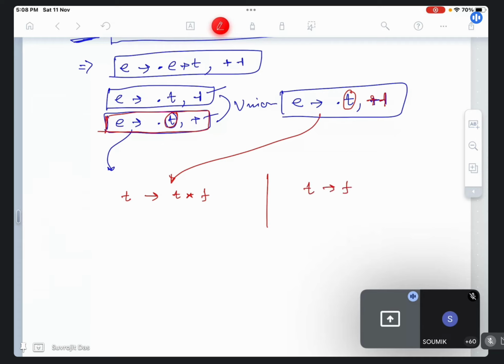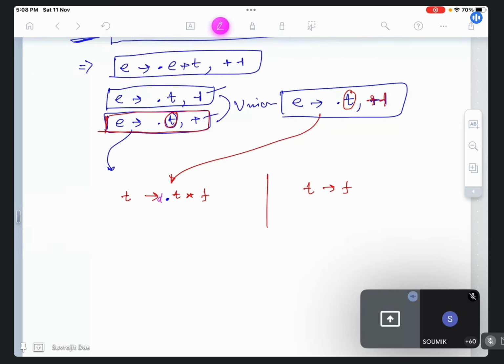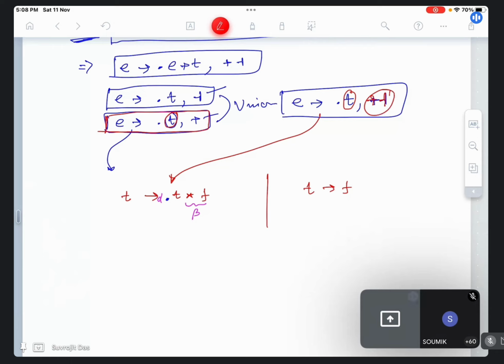So let us talk about this. The algorithm says build an LR1 item, place a dot here, think of an alpha and a beta. I think of these as the beta, and I list out what I already can inherit, that is plus and the right hand marker. So this now becomes our algorithm application point of view.